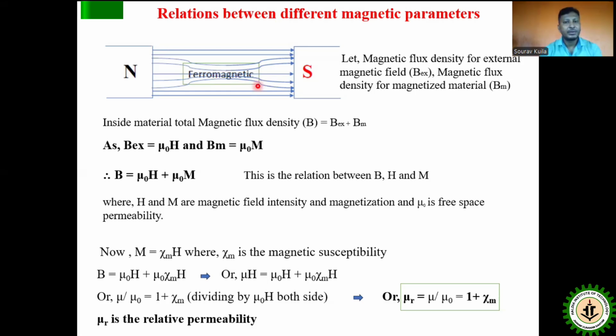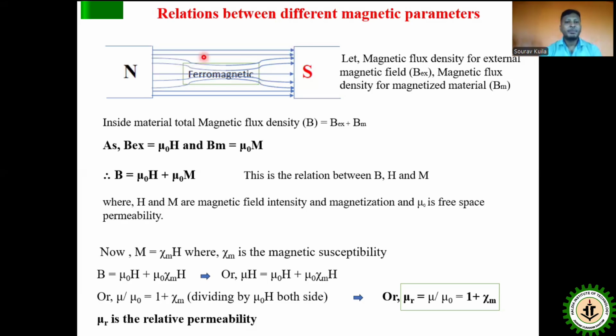If we are going to measure the magnetic flux density inside the ferromagnetic material, what do we have to do? The magnetic flux density is the number of magnetic field lines per unit area. If you draw an imaginary unit area, the number of magnetic field lines through that unit area is the magnetic flux density.